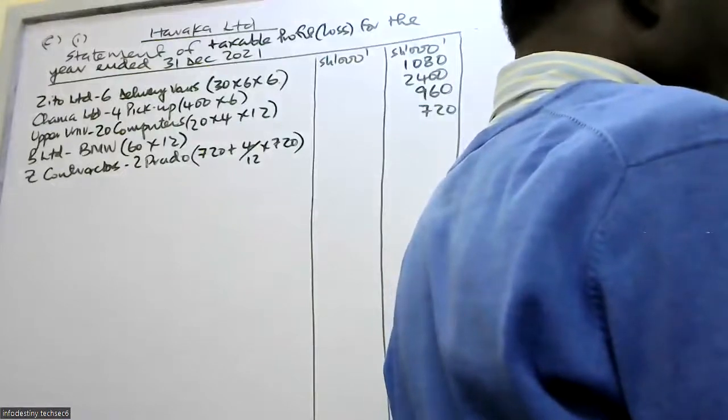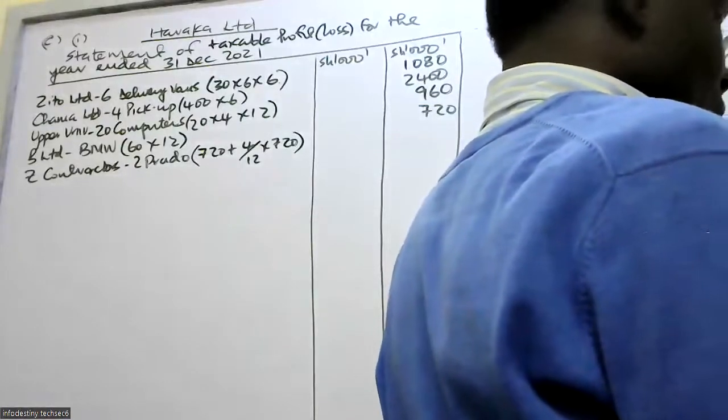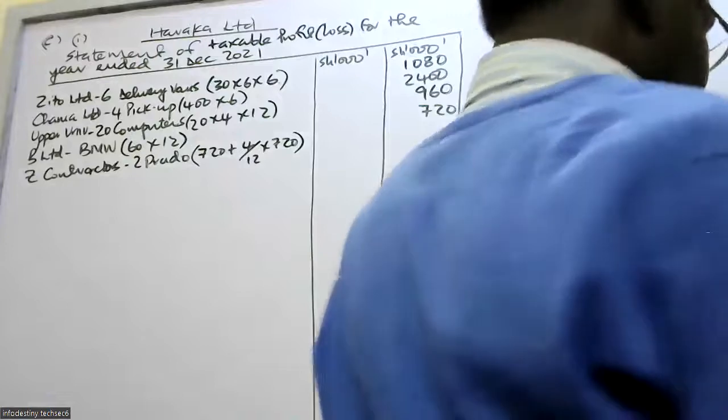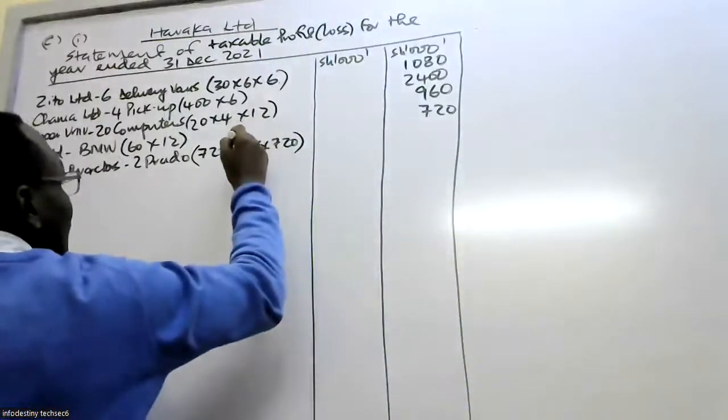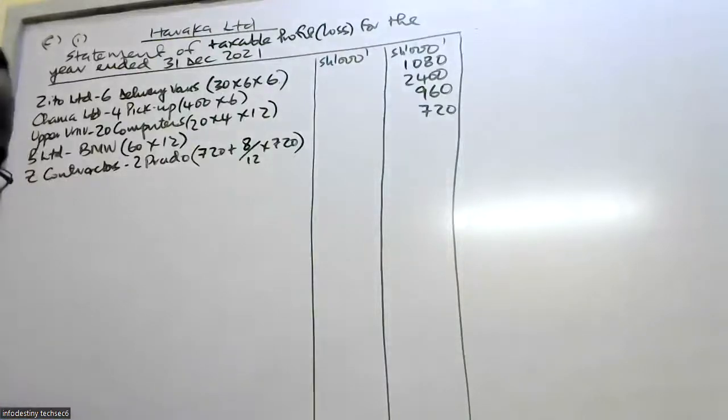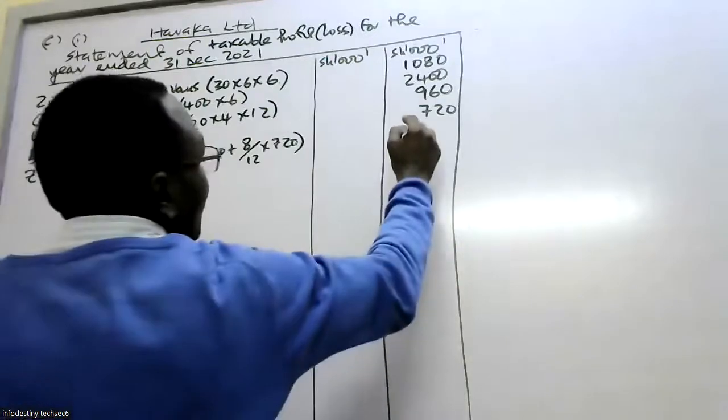Was cancelled. Oh. They failed to pay for 4 months, so they paid for 8 months. This one is 1.2.